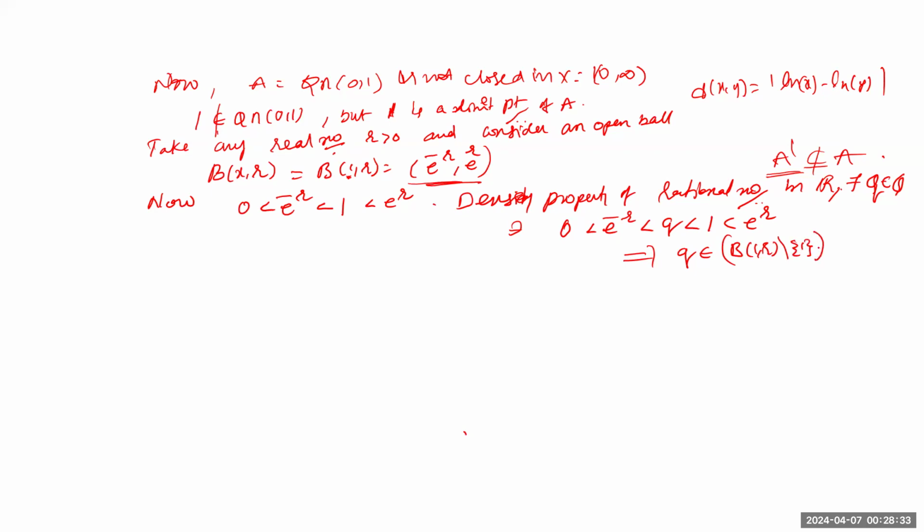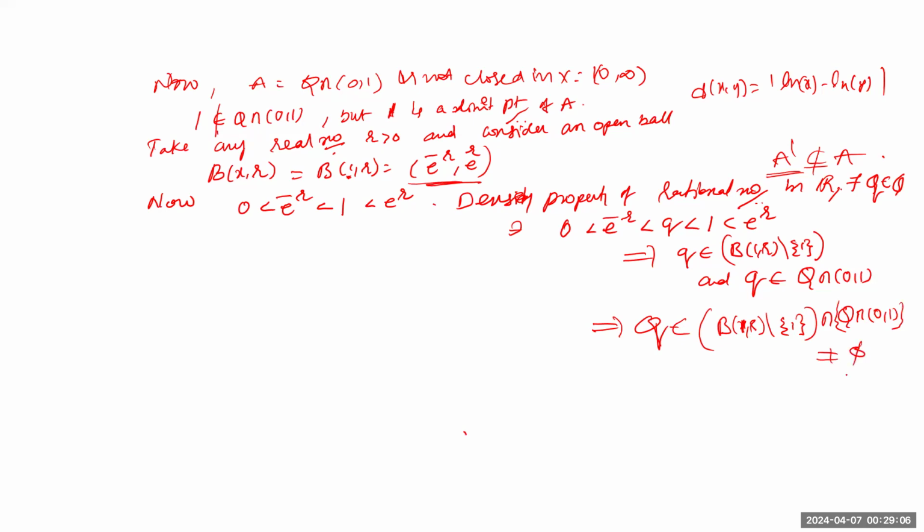q belongs to Q ∩ (0, 1), right? So what does that mean? This implies that q is a member of B(1, r) minus {1} intersected with Q ∩ (0, 1), and this is non-empty.